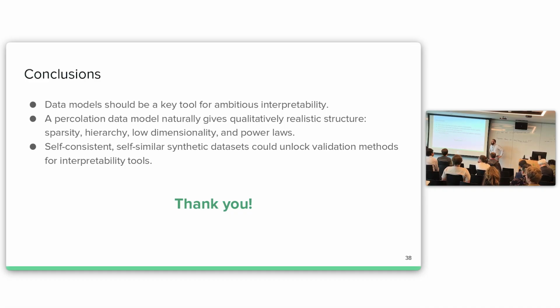Right. How costly is the assumption? How realistic is it? Can you actually evaluate that? It depends on what level. Are you saying the qualitative properties that I mentioned in the talk, like sparsity, hierarchy, power laws, low dimensionality?